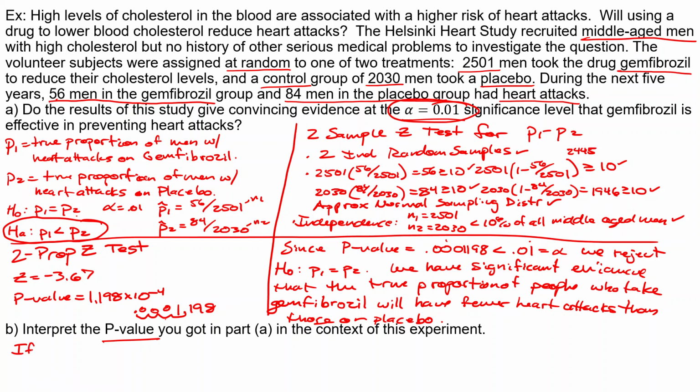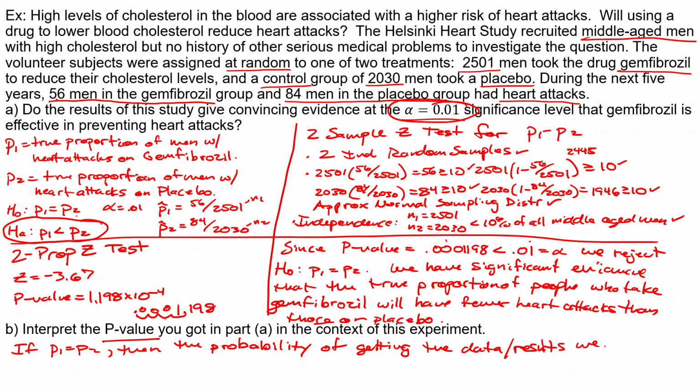So if p1 equals p2, then the probability of getting the data or the results we got is 0.000191198.